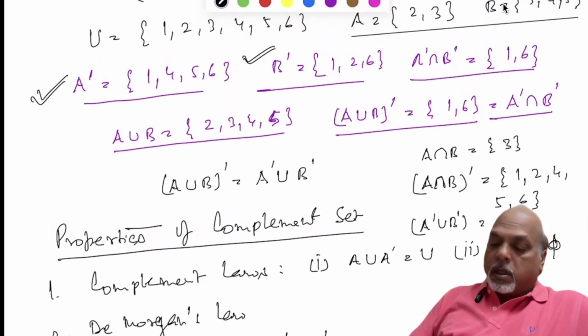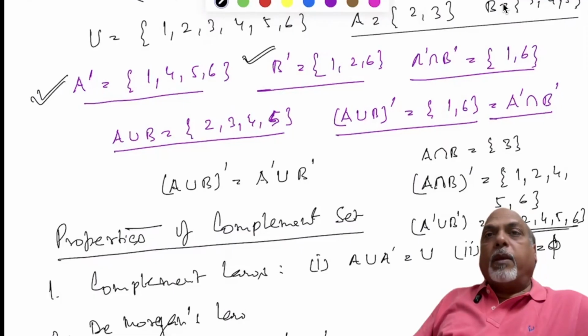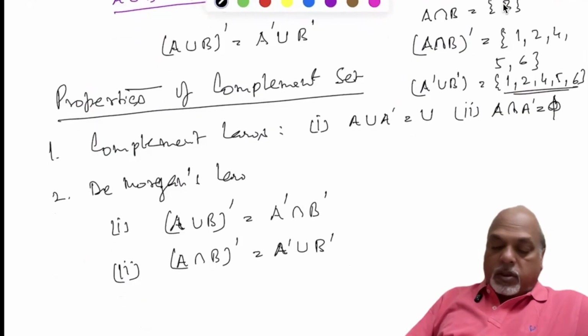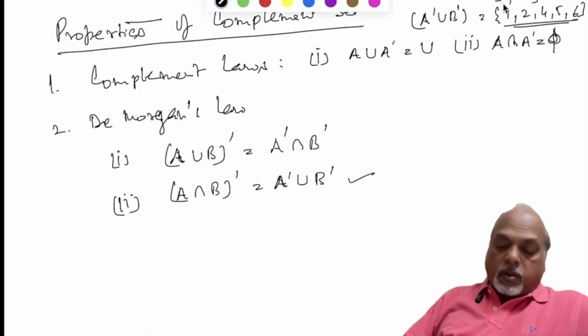If you see, we have A dash and B dash, both are given. We can write it as 1, 2, 4, 5, 6. Correct. So that way, this is also proved.